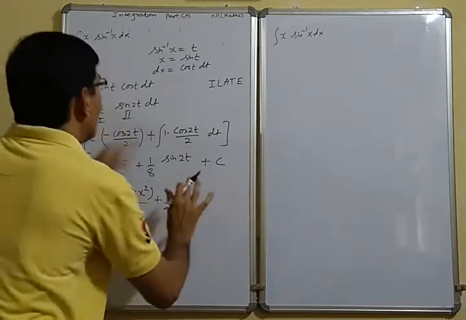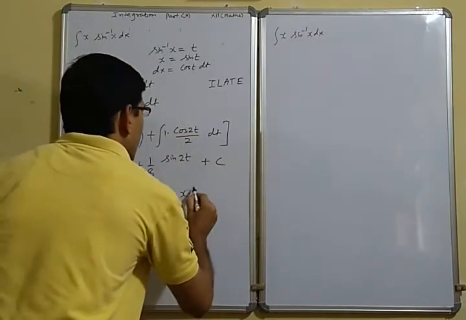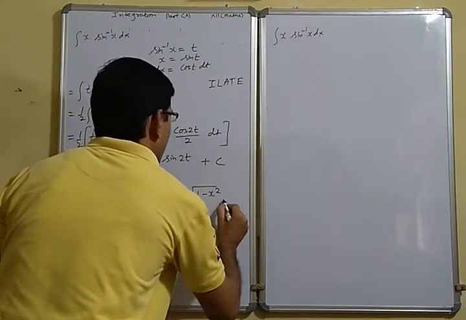Sin t is equal to x, and cos t is equal to under root 1 minus sin square, so it becomes under root 1 minus x square, plus c.